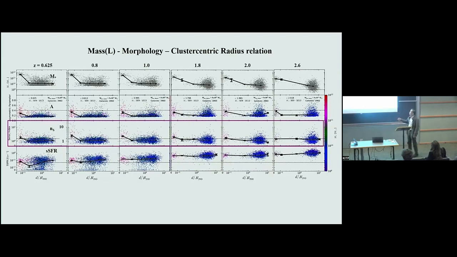And then I trace back to their progenitors and measure their Sérsic index as well. And this is the cluster central radius as measured in units of virial radius at the final epoch. And the color represents the stellar mass of individual galaxies. So these galaxies are basically the central galaxies.